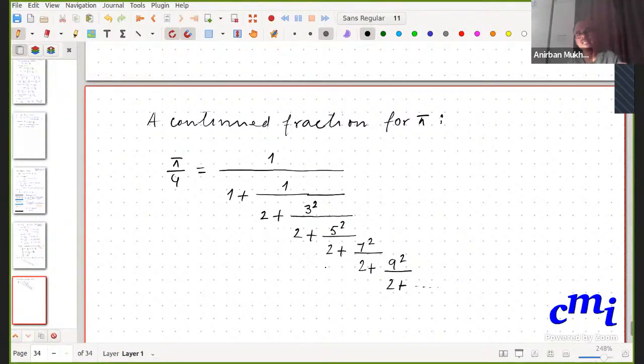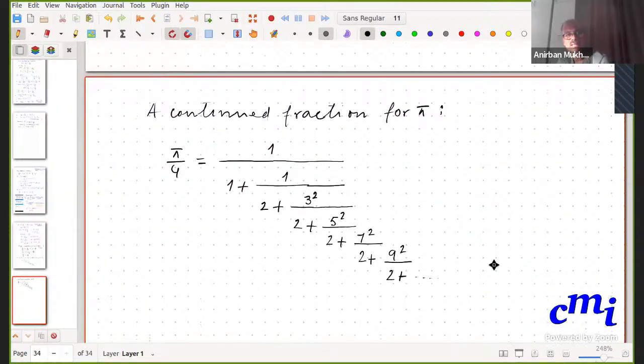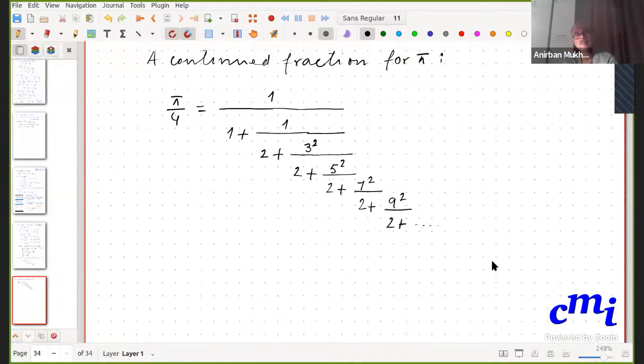Very interestingly, again, the odd numbers appear with squares, and you have this 1 followed by infinitely many 2s. So that's a very interesting looking continued fraction. Such a nice pattern.